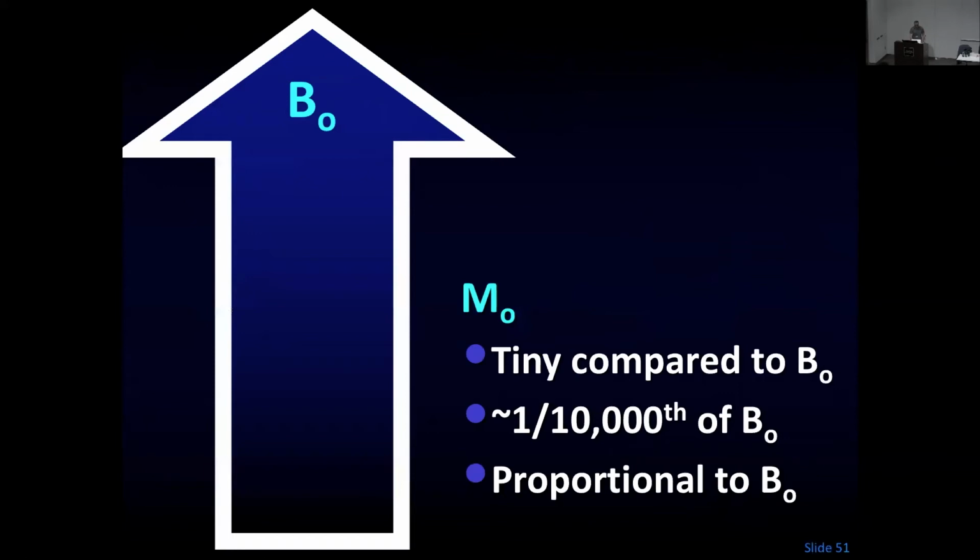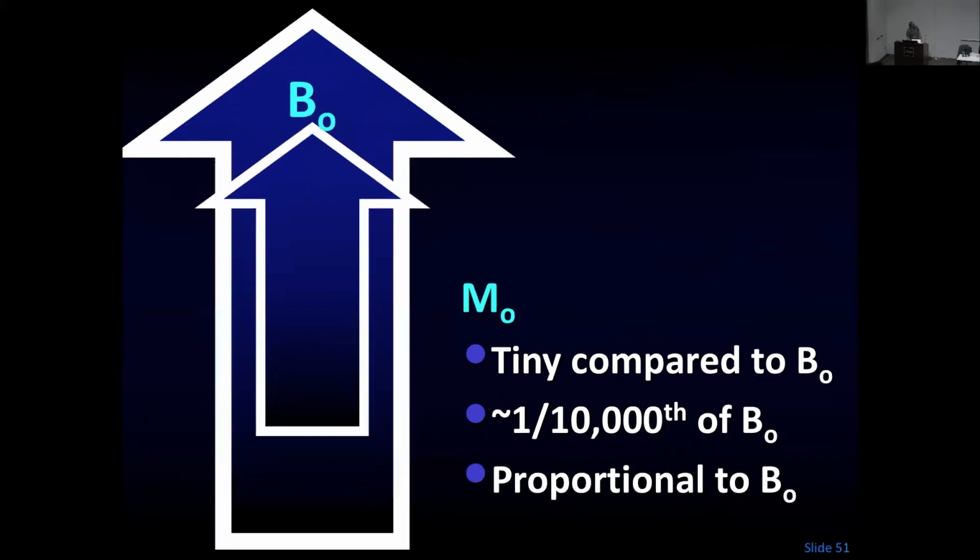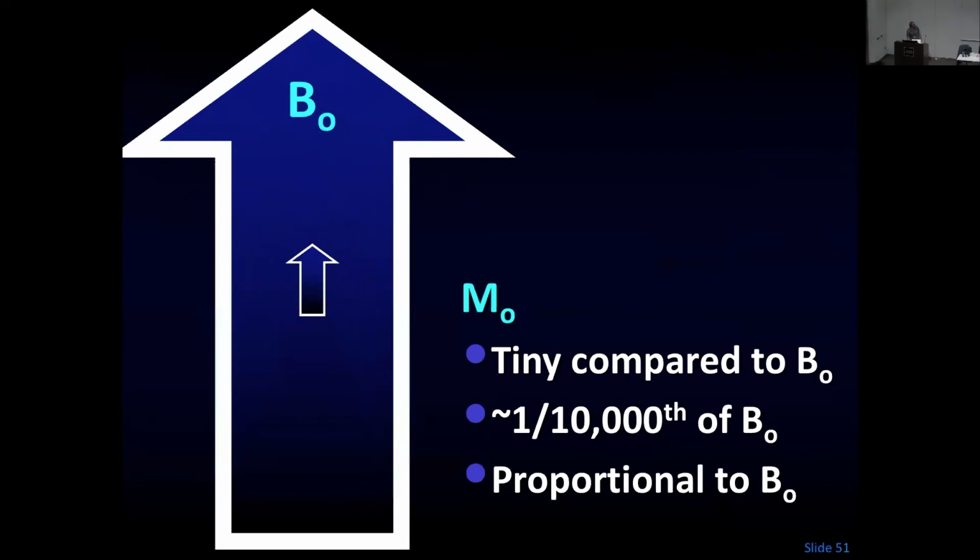Now, M naught is very tiny compared to B0. So here's B0. Let's now see how big M naught is. There we go. There's M naught. Okay. So M naught is a teeny weeny little ant on the top or in the middle of Mount Everest.